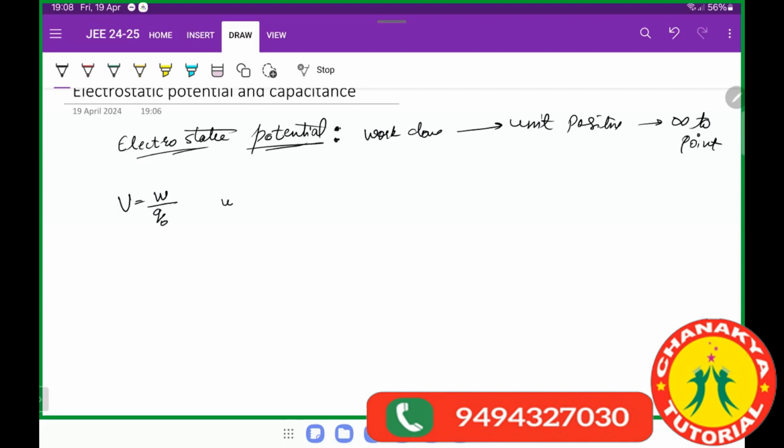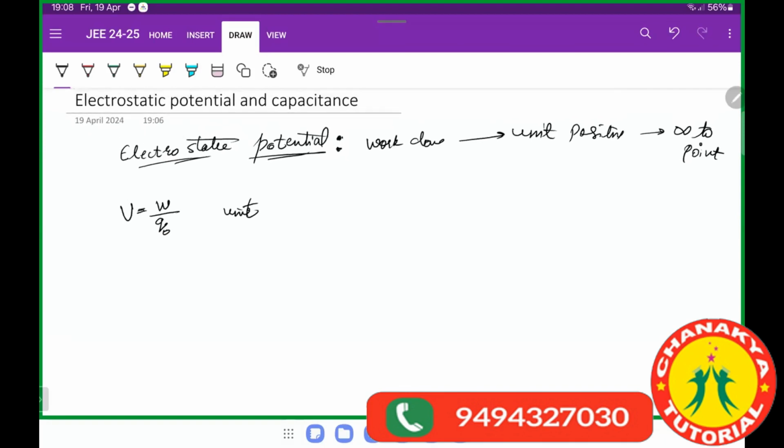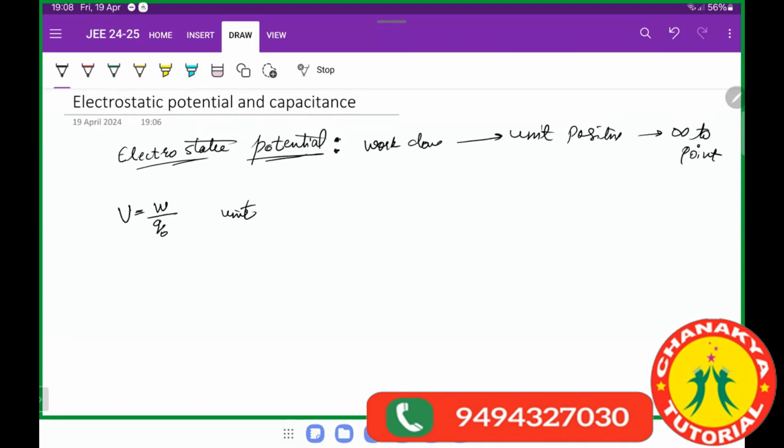So what will be the unit here? Make the unit. If you don't know, still go with the formula. Chandana, what will be the unit for V? It will be volts. Yeah, that is true.